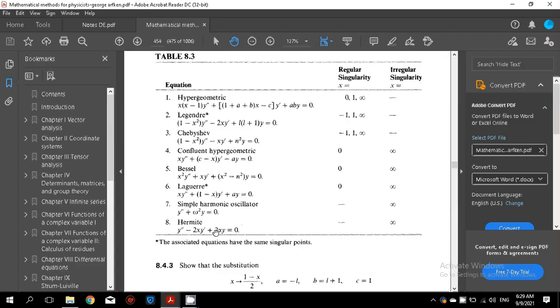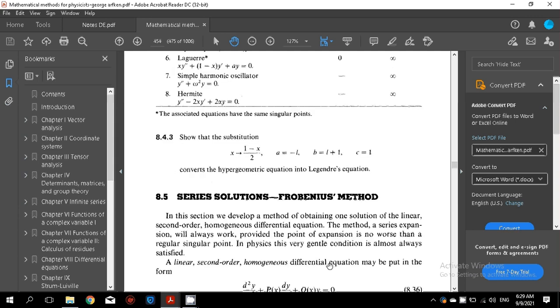So you must go through this table and then solve the exercises 8.4.1 and 8.4.2 as a home assignment.